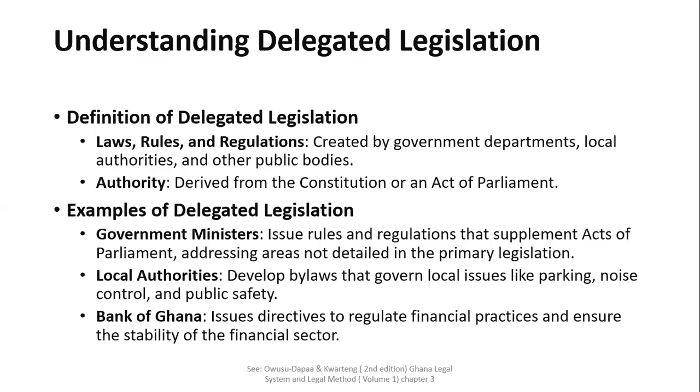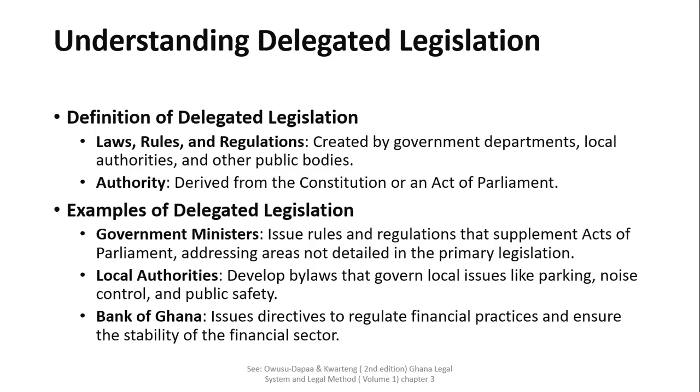So laws, rules, regulations, orders, however you call them, are delegated legislation, and they are created by government departments, local authorities, and other public bodies. And the power or the authority to make such delegated legislation is derived from the Constitution or an act of Parliament, as the case may be.